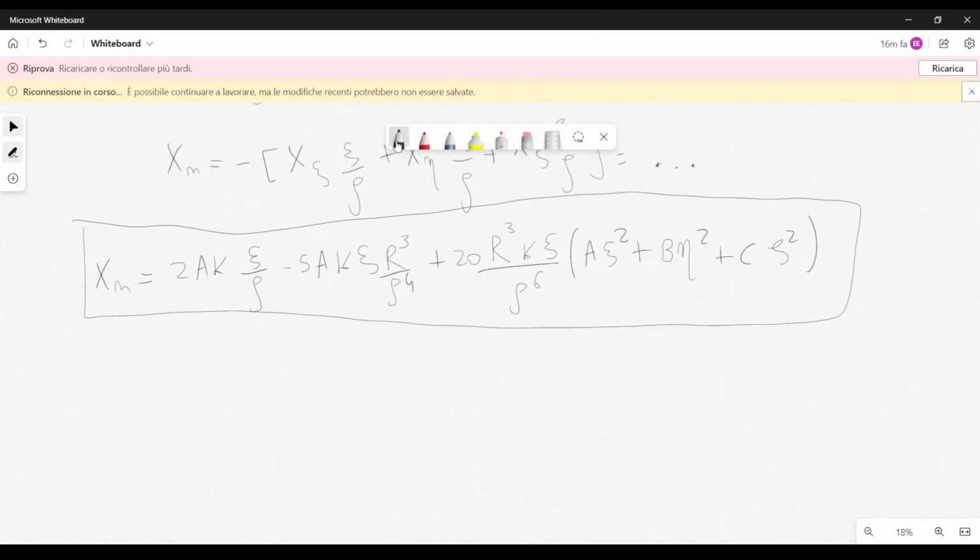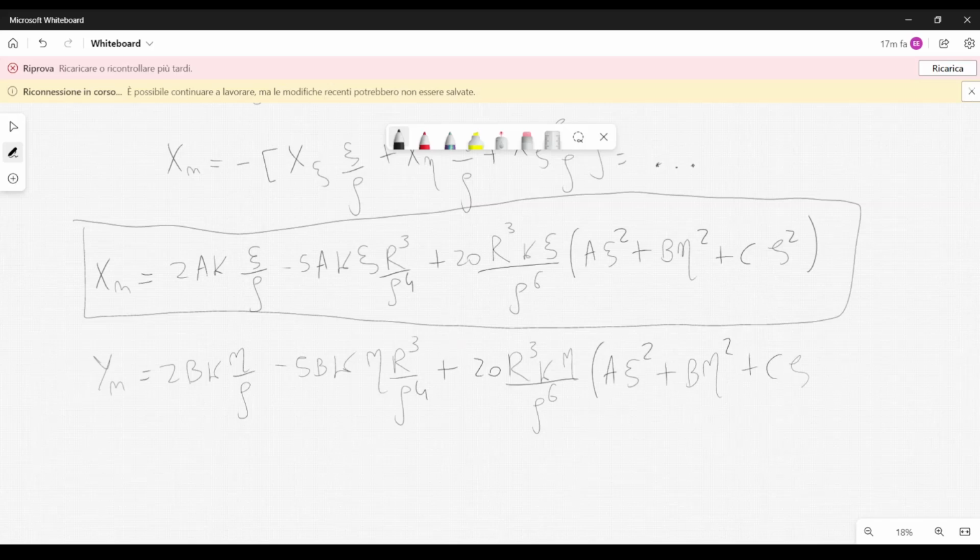Let me write down these expressions. We have yn equal to 2bk eta over rho minus 5bk eta r cubed over rho to the fourth plus 20 r cubed k eta over rho to the sixth power times a xi squared plus b eta squared plus c zeta squared.